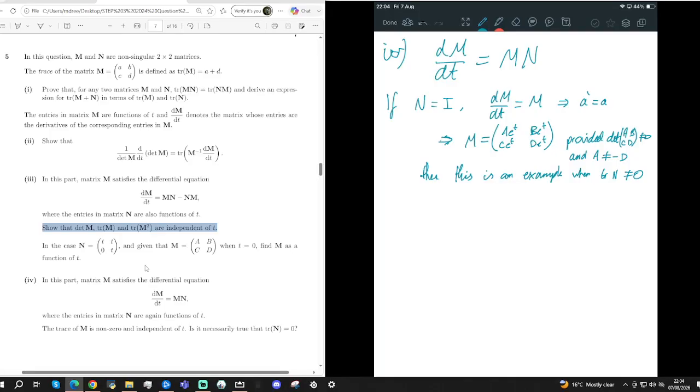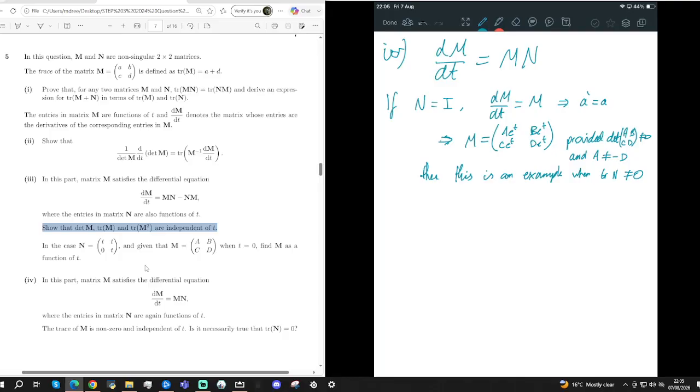M satisfies the differential equation. Entries are again functions of t. In this case, there is no function of t here. It's the constant function of time. The trace of m is non-zero, independent. Okay, the trace of m has to be independent of t, which this example did not have.